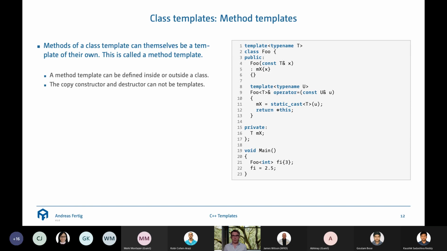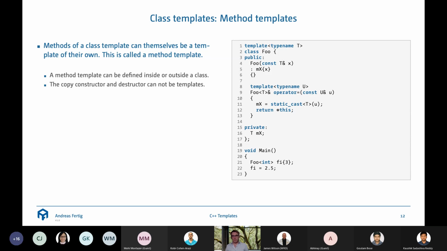It has a constructor, and then in line number 9, or more specifically 8, it has the assignment operator. And this is a function template here within a class template. Foo itself in line number 1 is a class template, and then I'm making the assignment operator a function template as well.